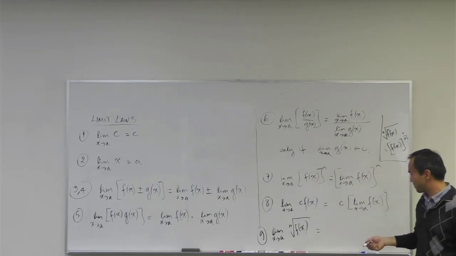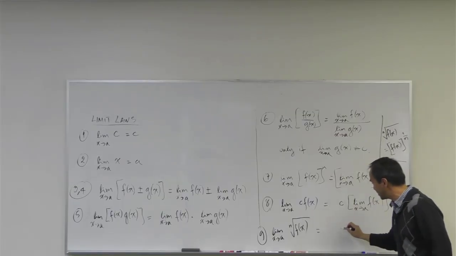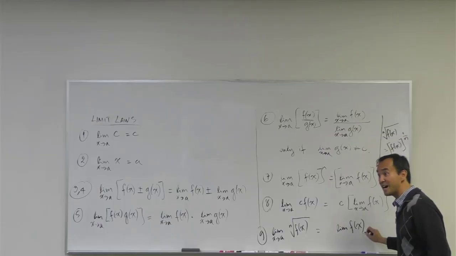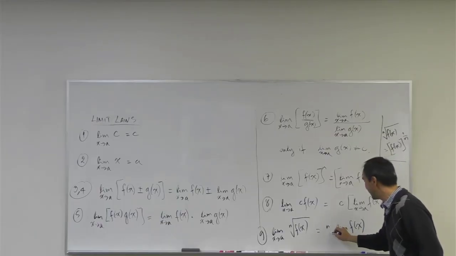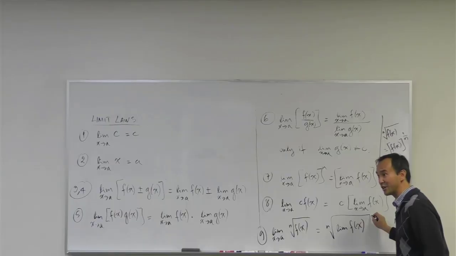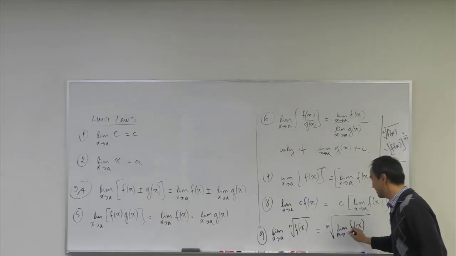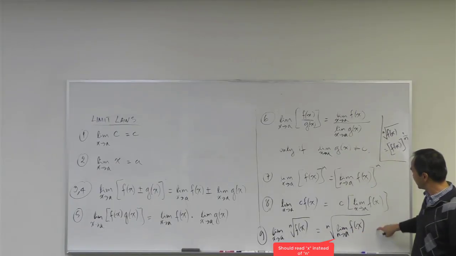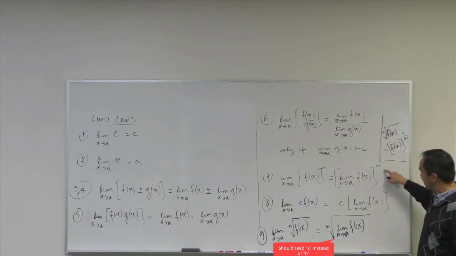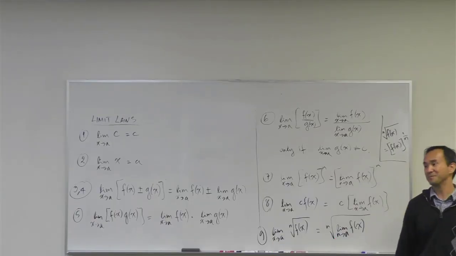Ultimately this means you can simply take the limit of your function separately, and once we're done, we take the nth root of that limit result. See what I mean? So I was proving it by simply making the analogous argument with how we did that with powers.